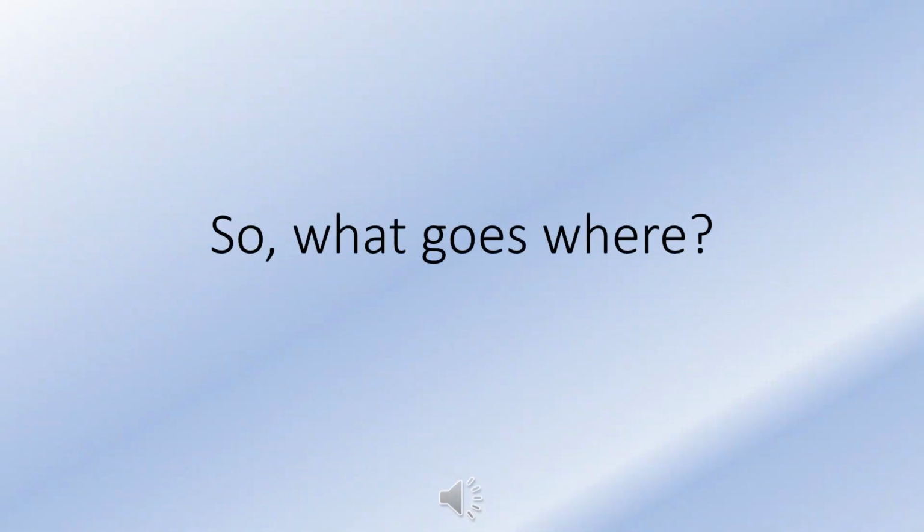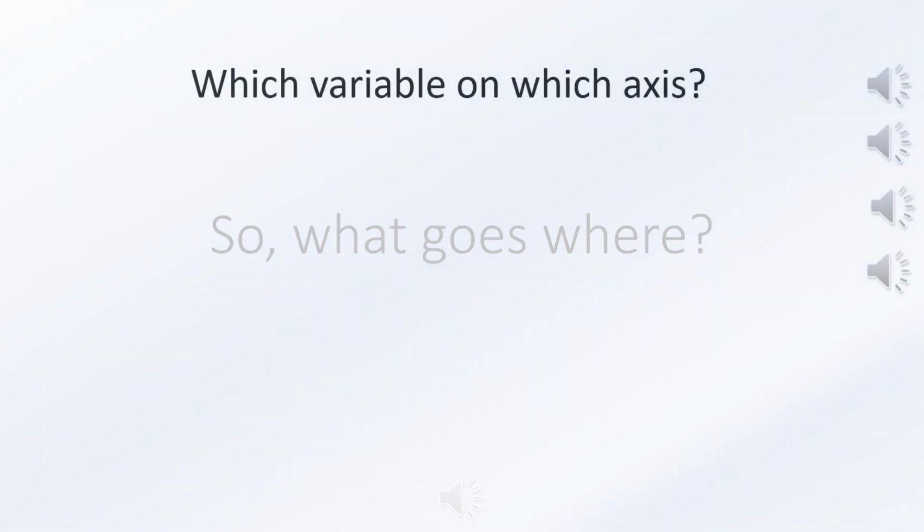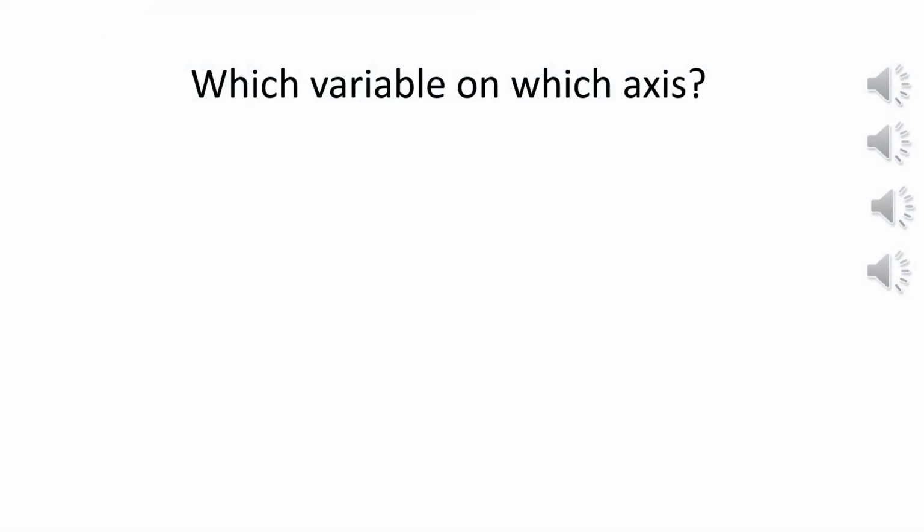Okay, so we know what type of graph to plot, but how do we set out the information? Okay, so which variable goes where?